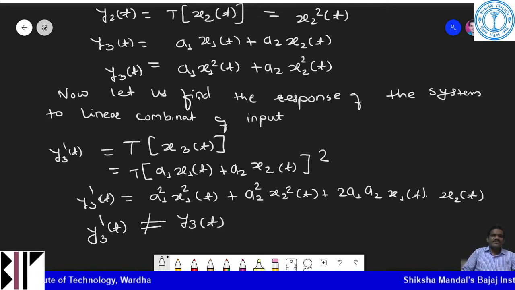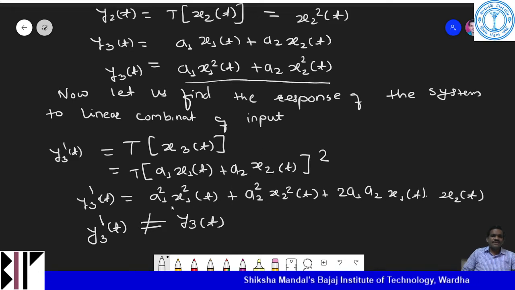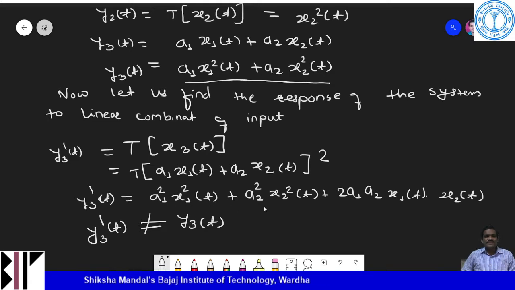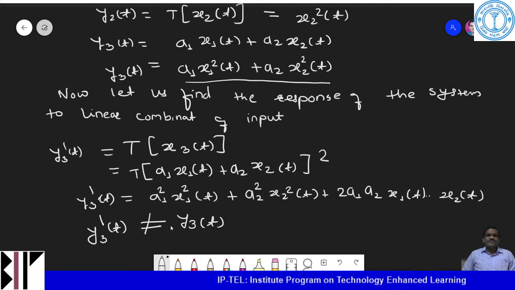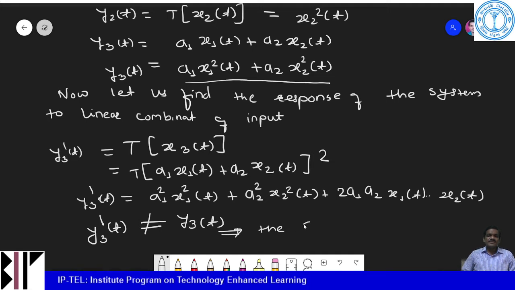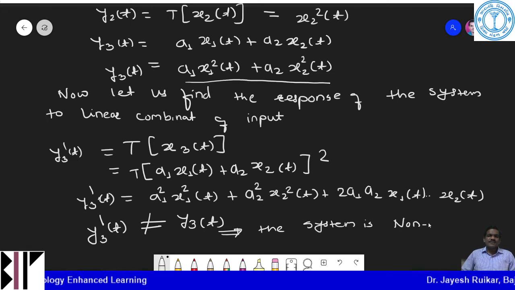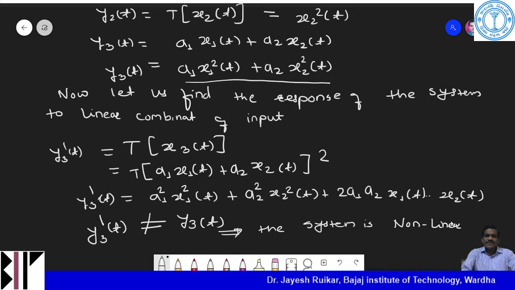What is y3 of t? y3 of t is nothing but a1 x1 square plus a2 x2 square, whereas y3 dash of t is nothing but a1 square x1 square t plus a2 square x2 square t plus twice a1 a2 x1 t into x2 of t, which is not equal to y3 of t. This implies the system is non-linear.